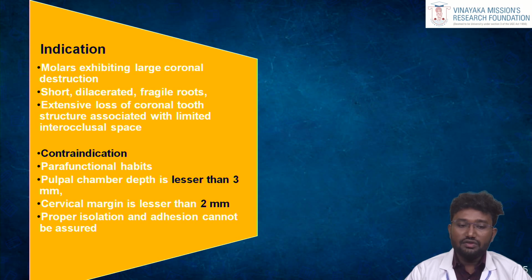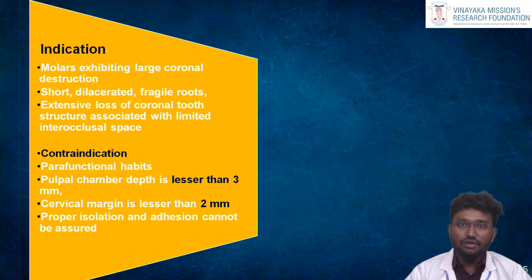For example, molars exhibiting large coronal destruction. Next is short, dilacerated and fragile roots. In these cases, you cannot go with the normal post and core, because the root is already short, so placing a post might not be indicated. If the root is dilacerated, which is curved, preparing a post space in it is difficult.